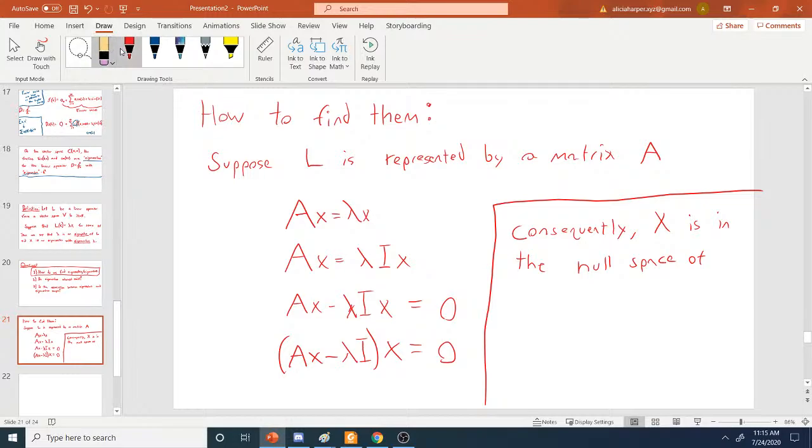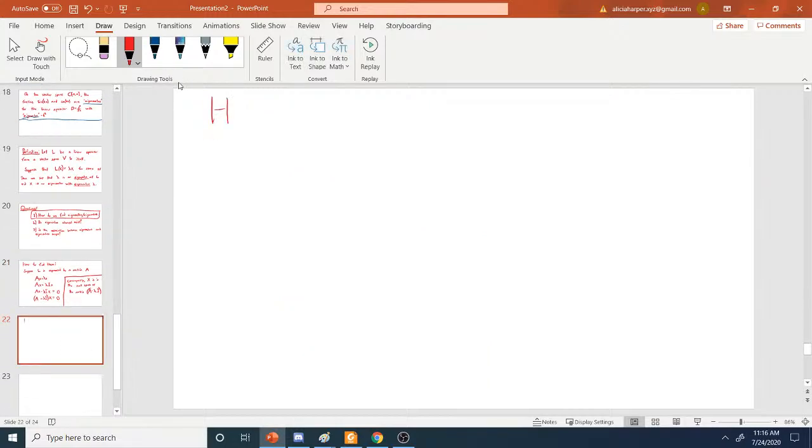I'm sorry, I should have gotten rid of this x here. x is in the null space of the matrix A minus lambda times I. So this actually gives us a recipe to find eigenvectors and eigenvalues. So, how to find them? Part 2.